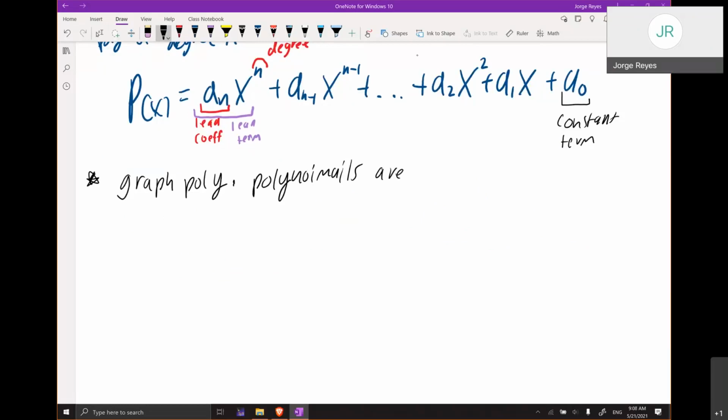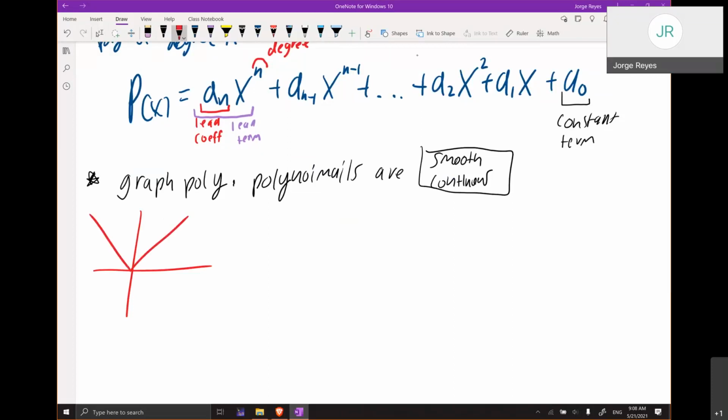Okay, so polynomials, one of their key features is that they're smooth and continuous. These are two of the things that make polynomials kind of nice and special. Okay, so here's examples of stuff. If you remember, this is the absolute value function.